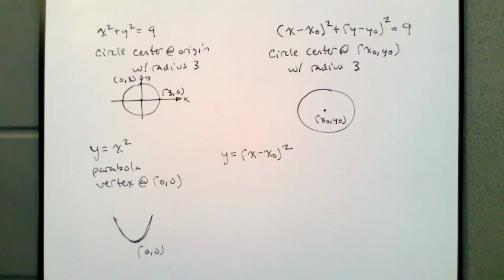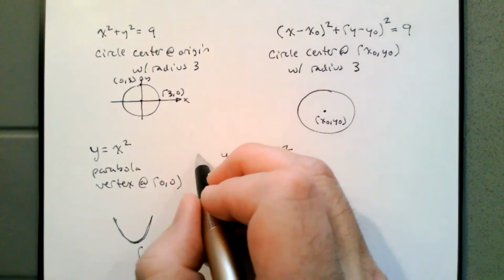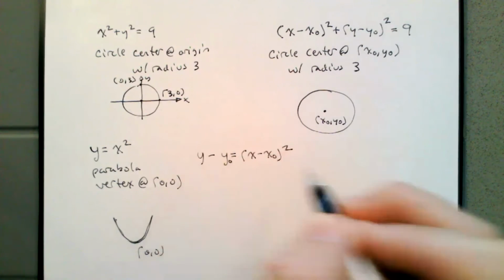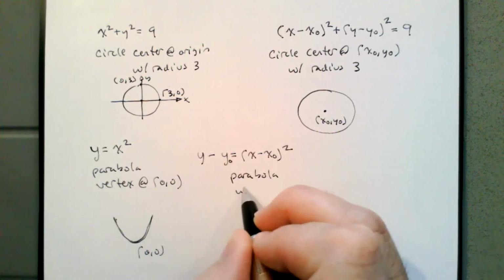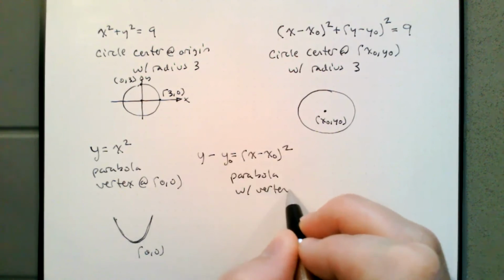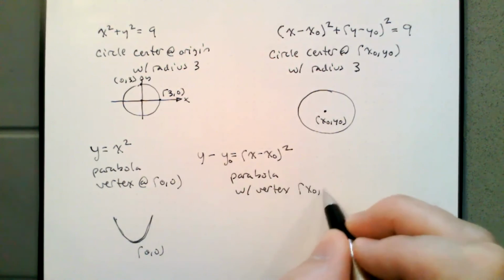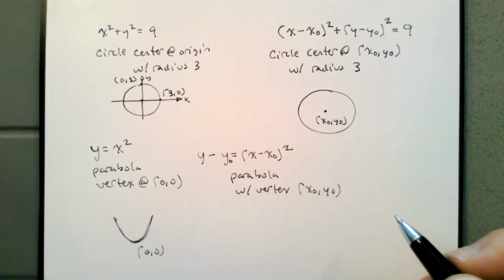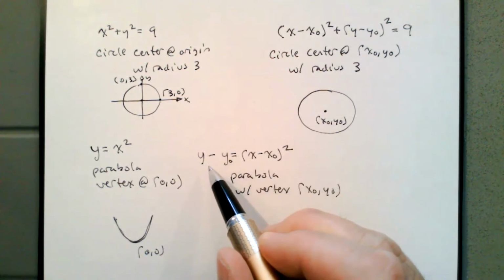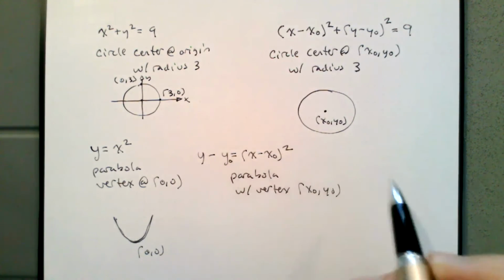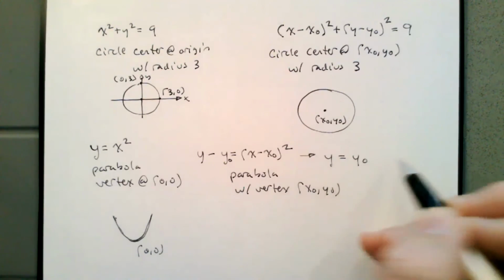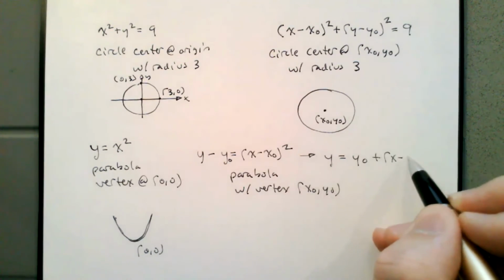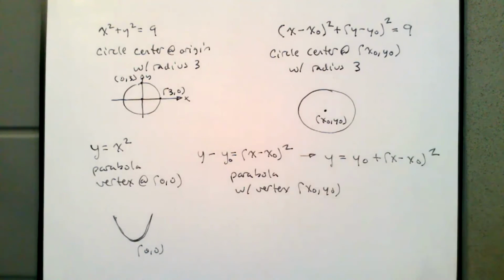And if I replace y with y minus y naught, now I have a parabola with vertex x naught, y naught. Normally, we won't write it in this form, y minus y naught equals x minus x naught squared. What we would do is write y is equal to y naught plus x minus x naught squared.